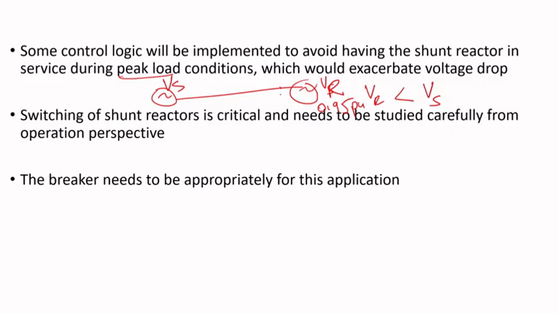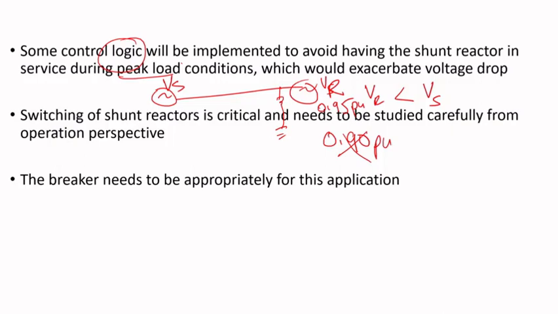Now if you have that shunt reactor in service, it's going to drop the voltage even further. It could drop it to 0.9 per unit, or even more than that. We don't want that, because that's not good, especially where some loads depend on voltage quality. So that's why you need some kind of logic. Today, for instance, most substations peak in the summer, but that could change.